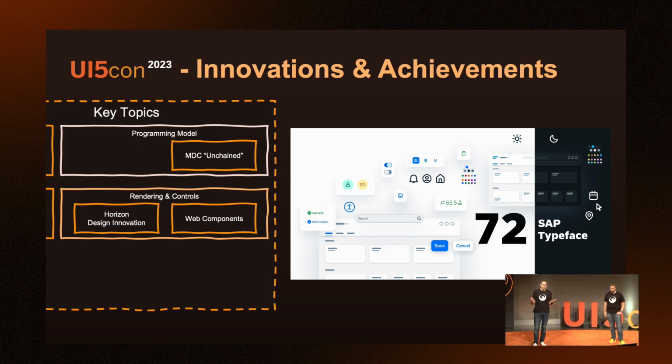The most visible part is obviously the theme. You can see our Horizon theme. There's new coloring, typography, and iconography, so there are a lot of new things around, plus interaction design improvements. We will release them around TechEd, that means November, or Q4 2023.